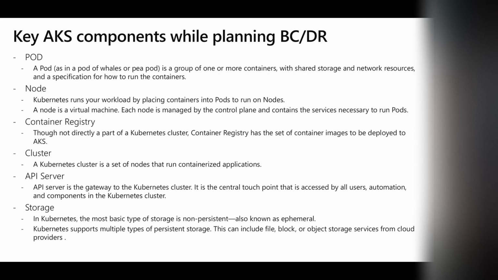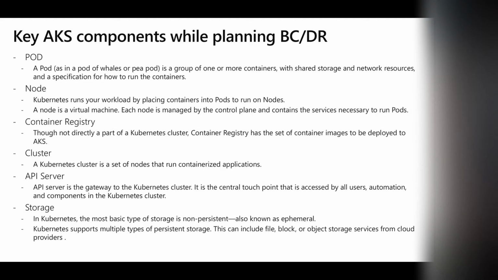Node. A node is a virtual machine that is running the pods. One or more pods will be running on a node. So that's another component we have to worry about in regards to fault tolerance. Then we have the container registry. You may ask why container registry is there, since it's not a component of AKS.